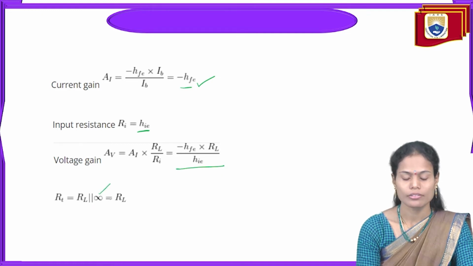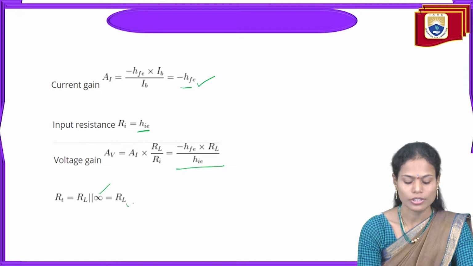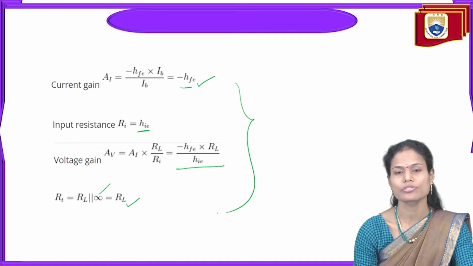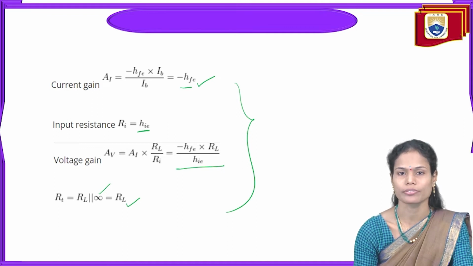So almost always we will get it as equal to the load resistance. So these all are the approximated formulas to calculate the amplifier parameters.